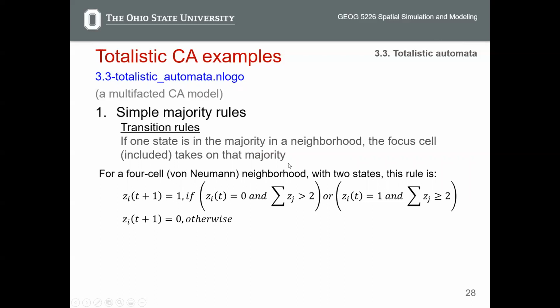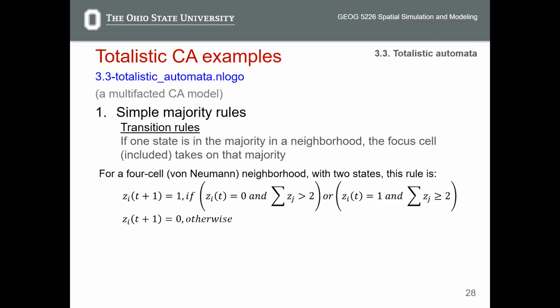Be careful here: the focal cell itself should be included when you are trying to find out the majority. We're talking about the von Neumann neighborhood, which means that there are only 4 neighbors, but the cell itself should also be included in the counting, which means that the majority should be 3.